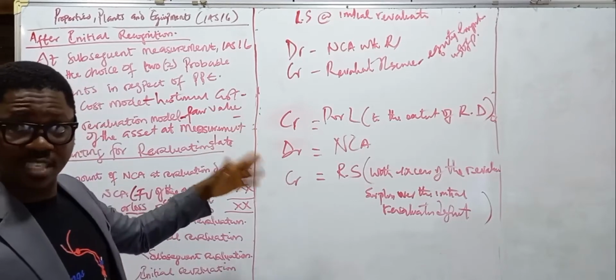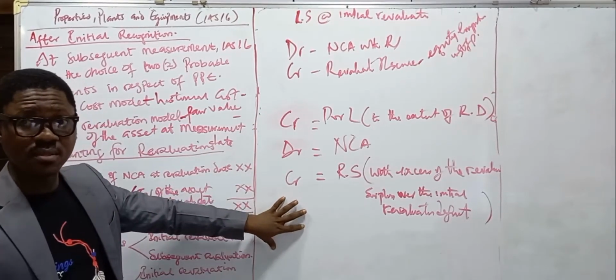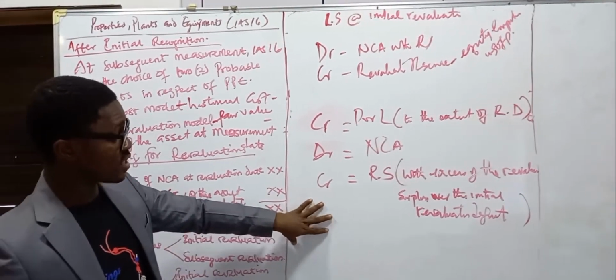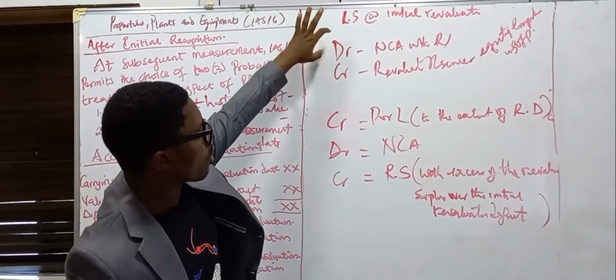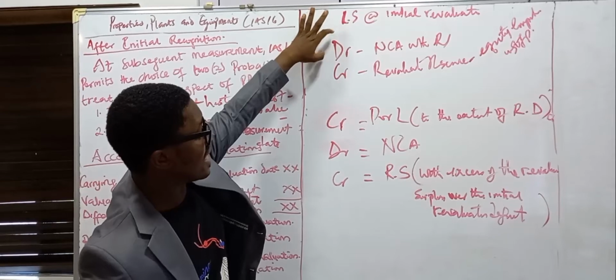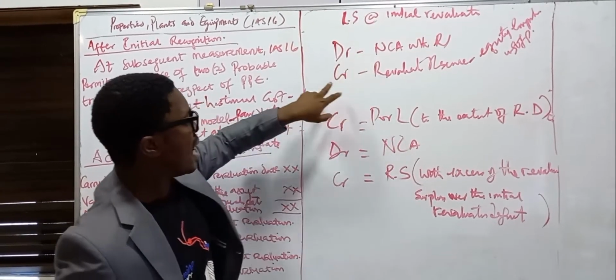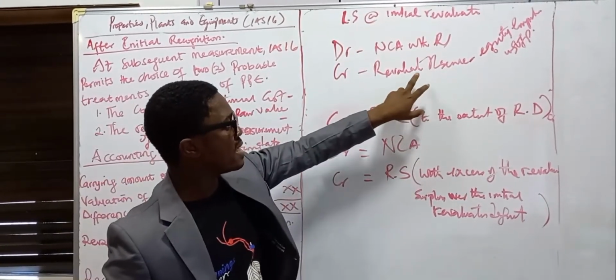We have detailed exposition to explain what we have there. So just a little recap. At initial recognition of valuation surplus, because the value of the non-current asset has increased, it will be debited, and the valuation reserve account will be credited.